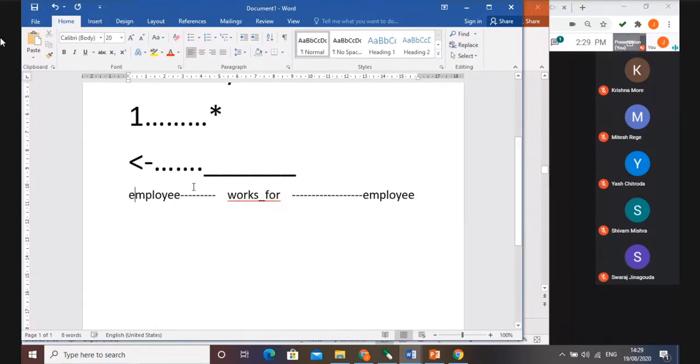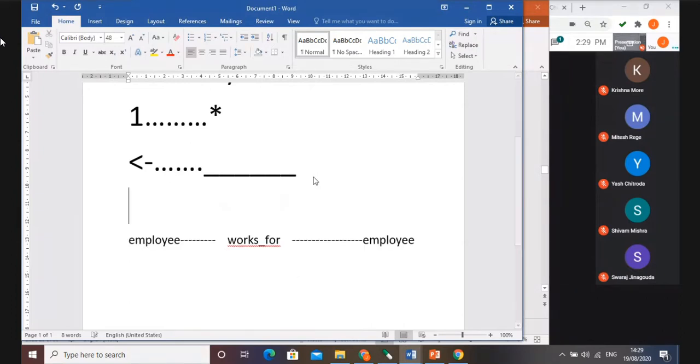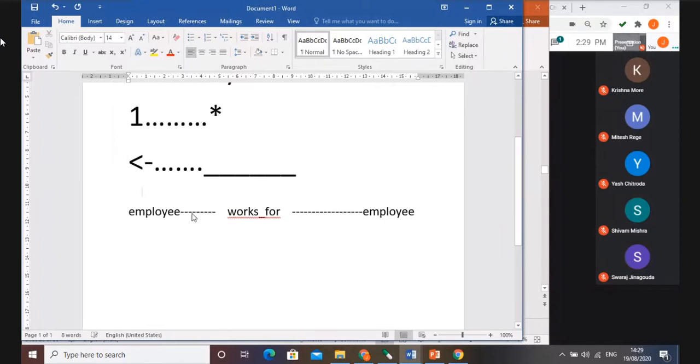Now here I will write they are working as a manager and they are working as a worker. So for this relationship, towards this employee which is a manager I have cardinality 1, and here I have cardinality many.